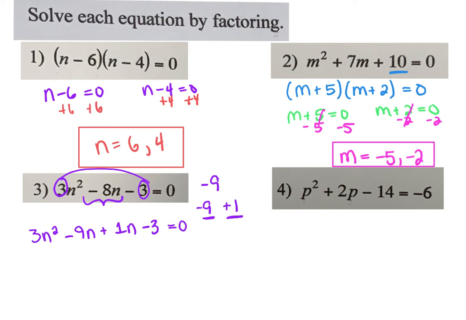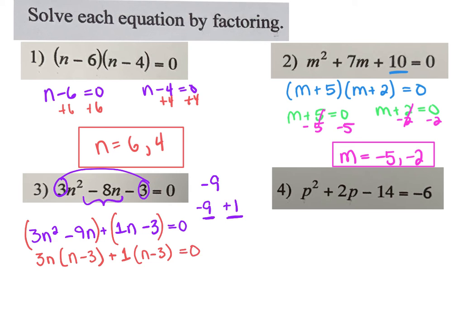Grouping. And so we're going to group the first 2, group the last 2. And we're going to look for what we can take out of those. We can take a 3n out of the first group, and we are left with n minus 3. The second group, we can't take anything out, so we just put a 1 there. When you can't take anything out, you pull out a 1. And we also have n minus 3.